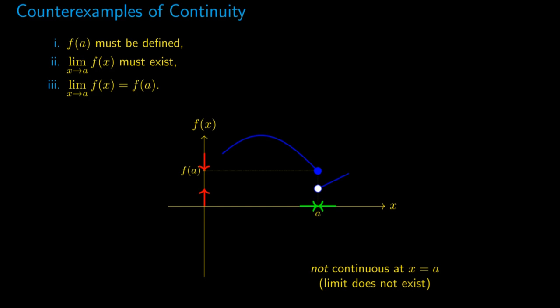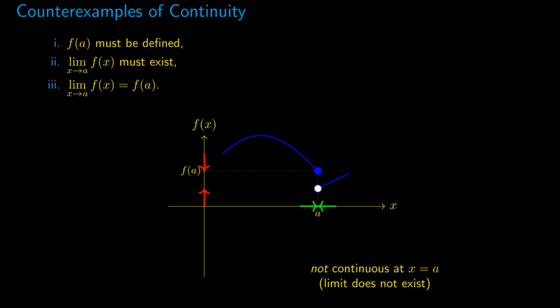One last counterexample. Here we have our function value approaching from the left. The limit seems to be the value f of a. But there is a jump there, per se. So the function values approaching from the right side of a are actually not headed to the same value as the function values approaching from the left of a.